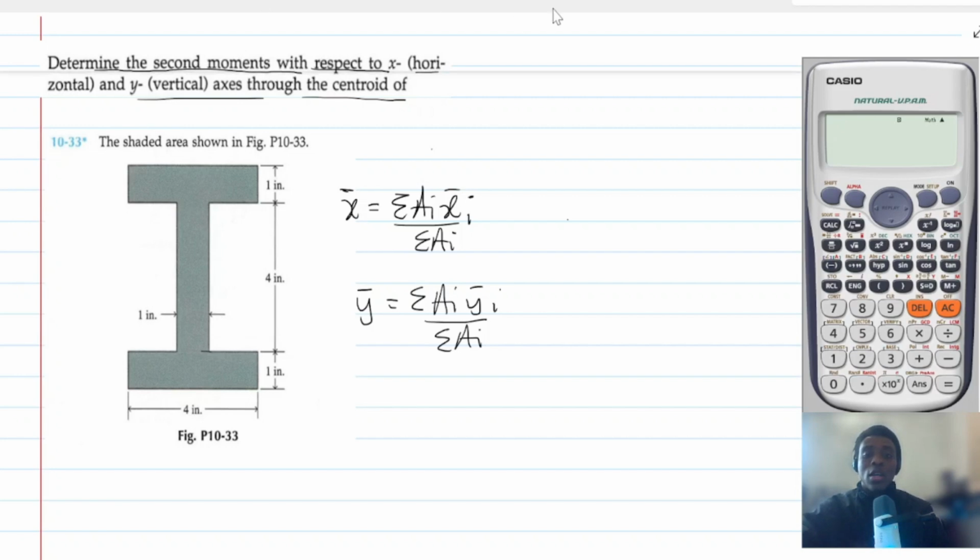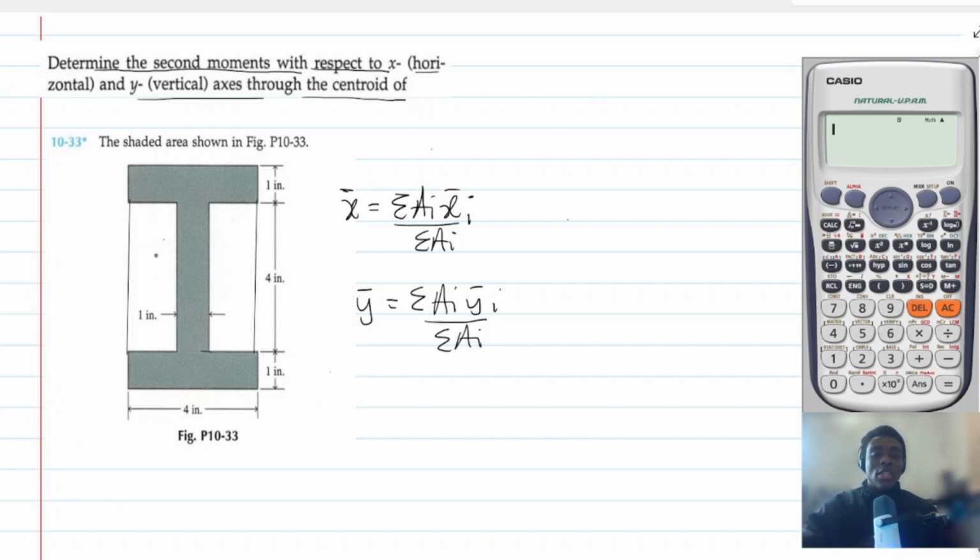All we have to do is to assume that the whole of this figure is nothing but a complete rectangle. How do I know this? This figure can be taken as a complete rectangle, and once we assume that, it will simplify the problem for us.